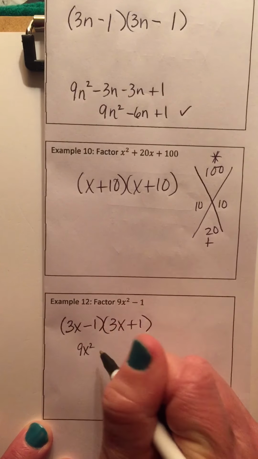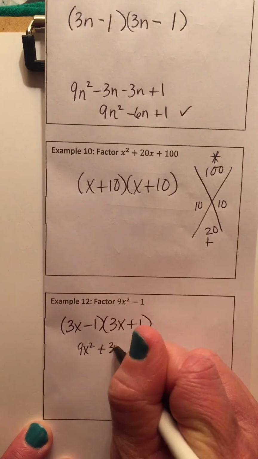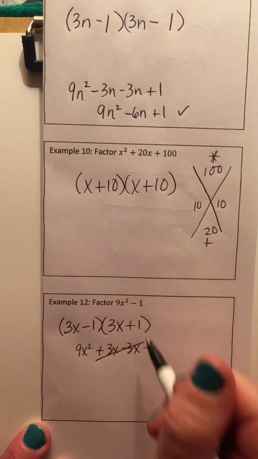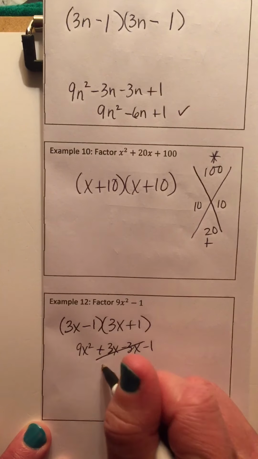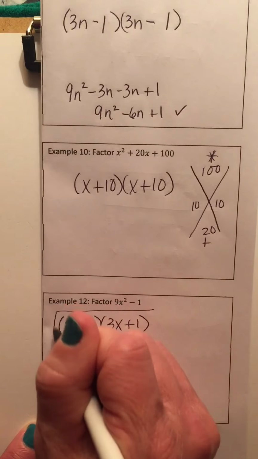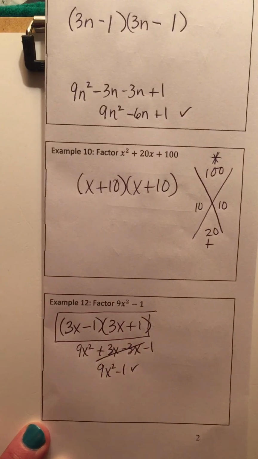Checking it, 9x squared plus 3x minus 3x minus 1 does indeed equal 0 for that middle term. 9x squared minus 1, it checks. That is our factored binomial product. So those are the examples for section 8.4, special factoring.